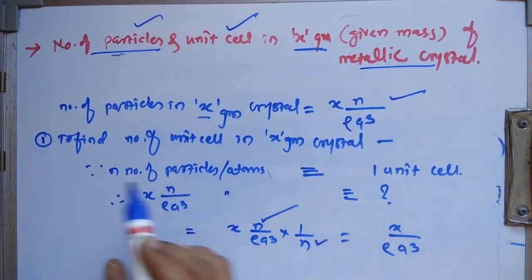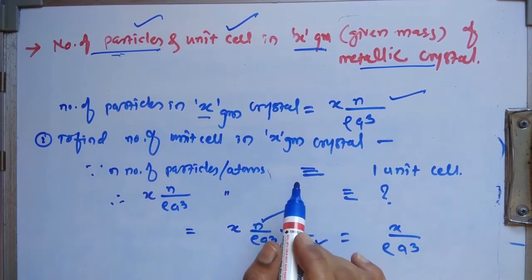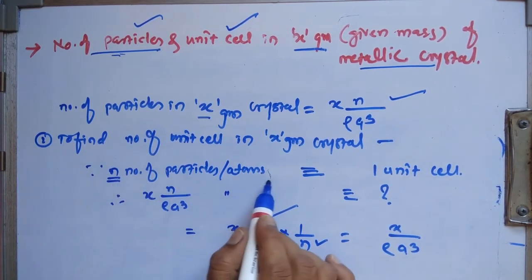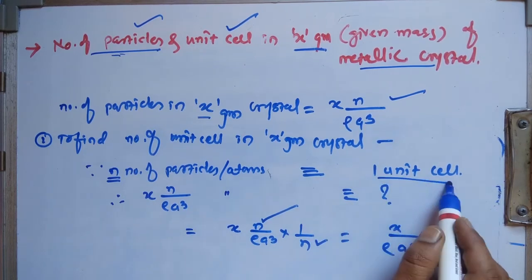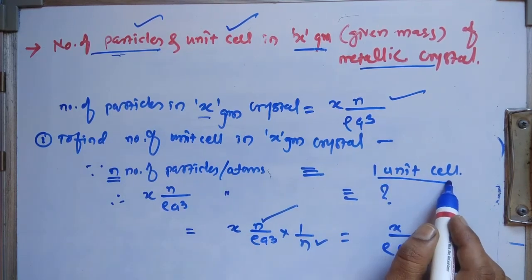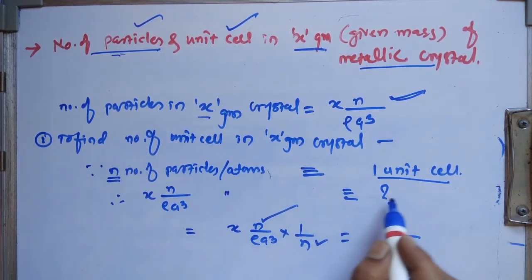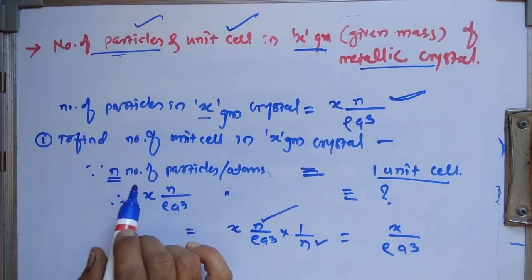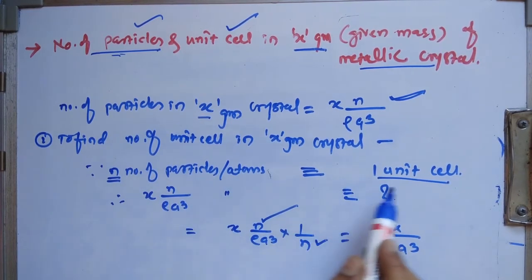Now to find out the number of unit cells in X gram of the crystal, n number of particles constitute, or correspond to, 1 unit cell. That is the construction. As n number of particles are present in 1 unit cell, n number of particles correspond to 1 unit cell.